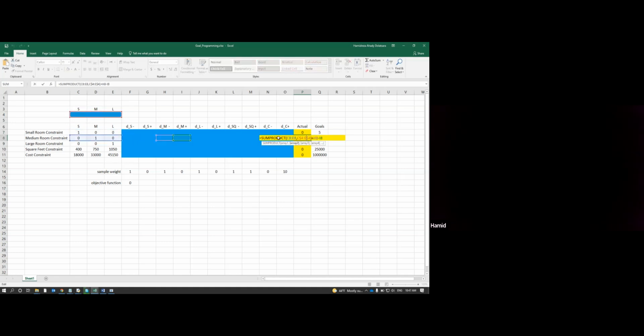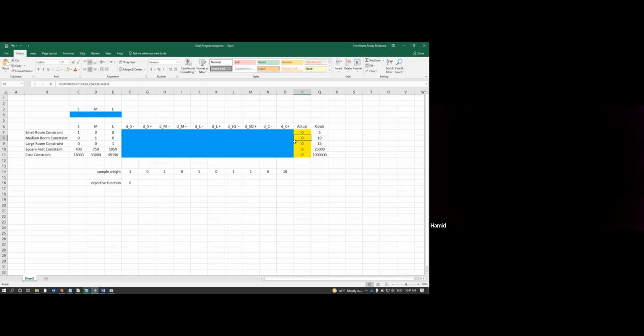Same for the second. So we are looking at the number of medium size rooms, up to how much we want to make from medium, plus minus overbuilt and underbuilt.